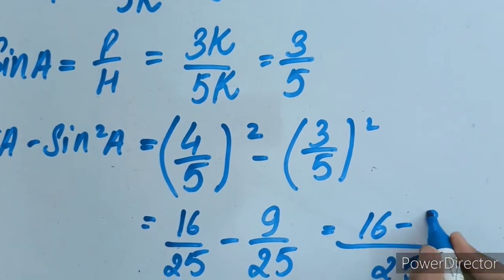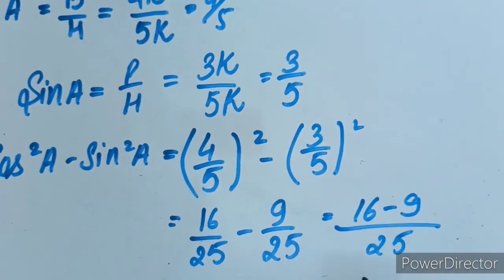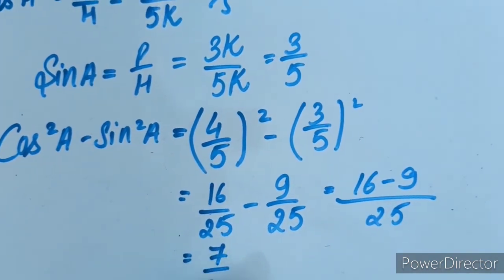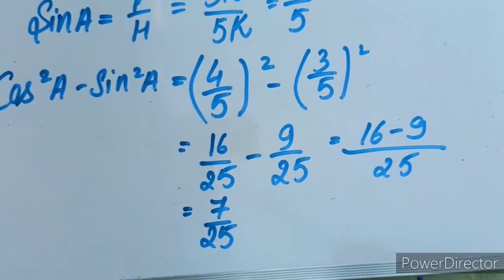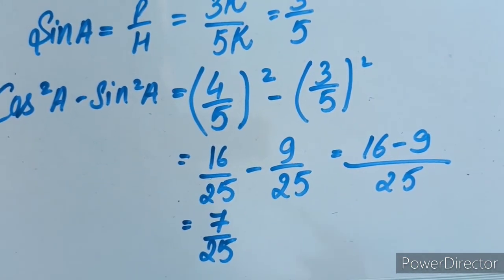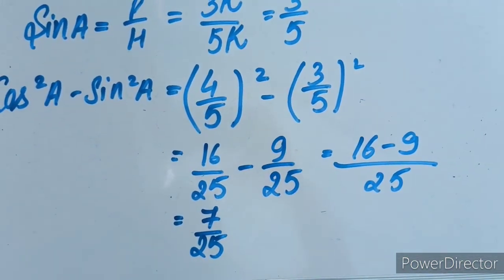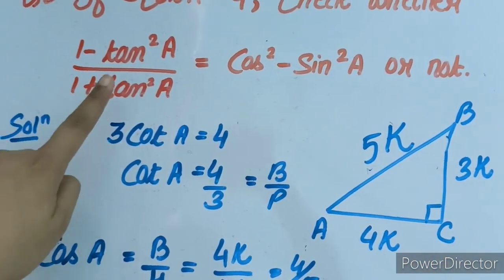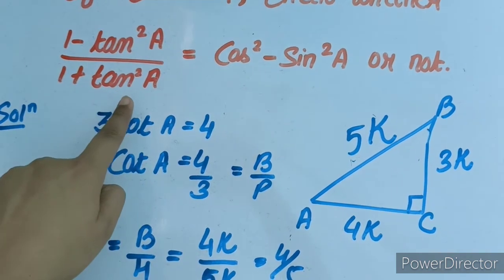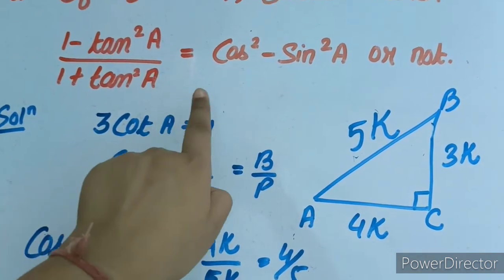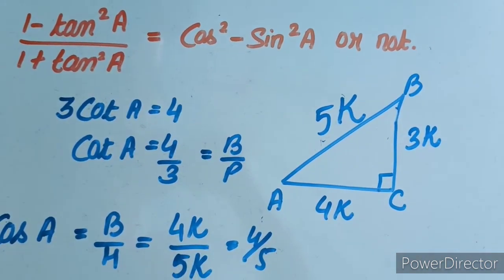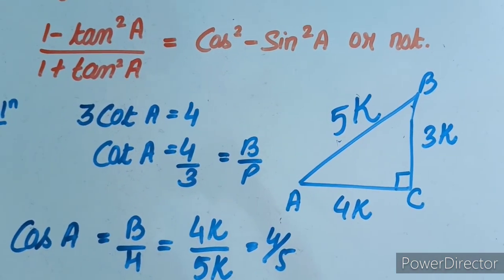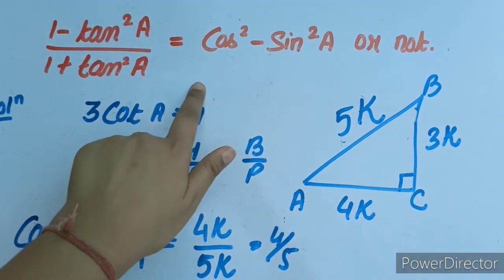Now 16 minus 9 is 7. So 7 upon 25. Here we get the correct answer, that is 7 upon 25. So we get the value of 1 minus tan square A upon 1 plus tan square A as 7 upon 25, and cos square A minus sin square A is also 7 upon 25. Both are equal. So it shows that the given statement is totally correct.